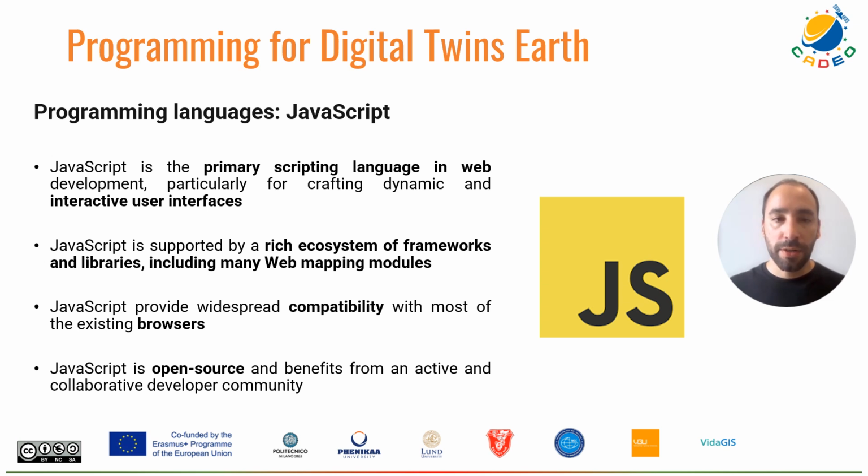There are numerous frameworks and libraries available, including many that focus on web mapping modules, which help developers build sophisticated mapping and geolocation features. JavaScript also boasts extensive compatibility, working seamlessly across existing browsers, and this broad support ensures that web applications built in JavaScript can reach a wider audience.